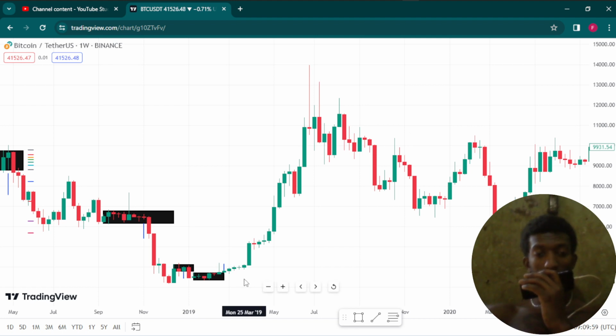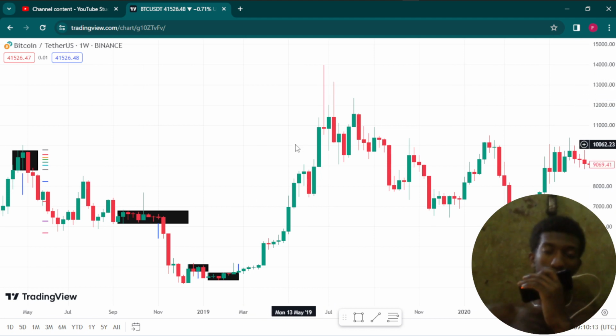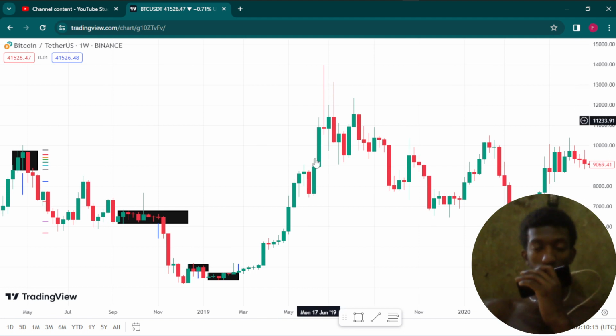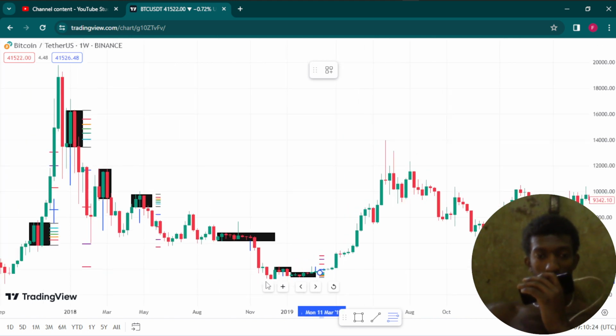Okay, and if you have the patience, as you can see, look where the market did go. It went roaring up, rallying up, but no one can assume that it would go up. No one knows if it goes up or not. So all we can do is measure our TP and wait until TP3 is hit.